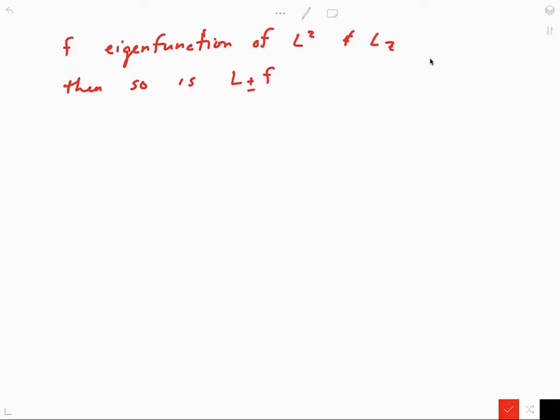So our equation that says that these two items commute also says that these two items commute, right?